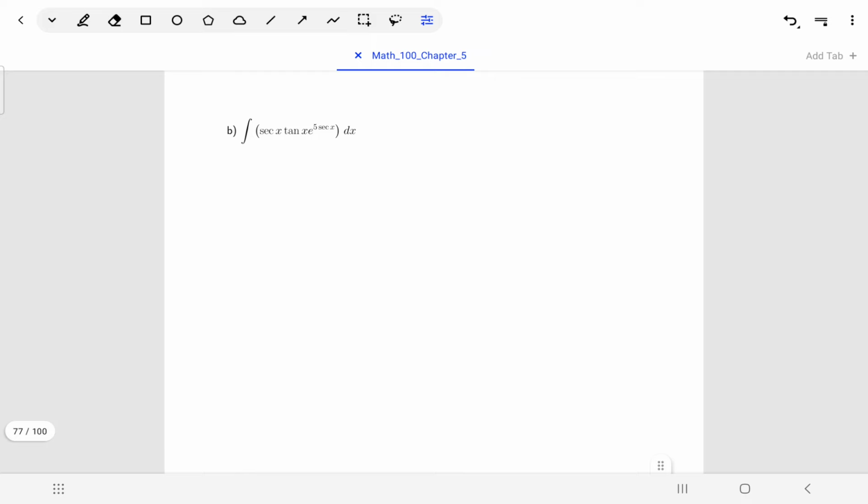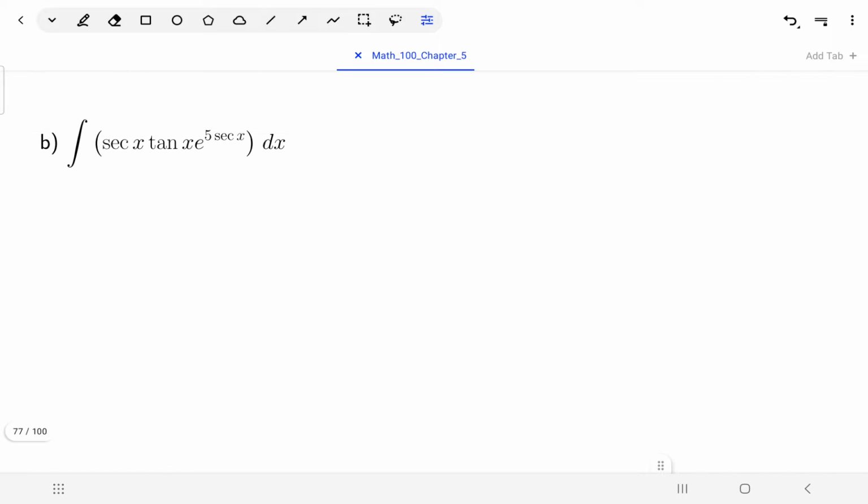If we're thinking about things in terms of functions and their derivatives, I can see I've got something close to that going on. So I already know I'm going to be making a substitution, and I have an idea of what it is. Let's let u be 5 secant of x.